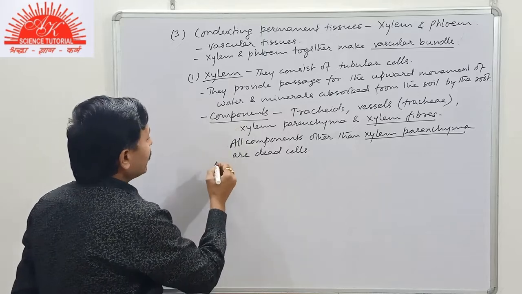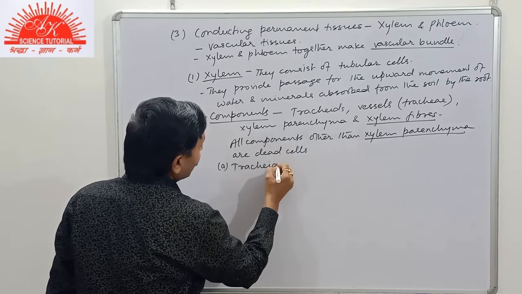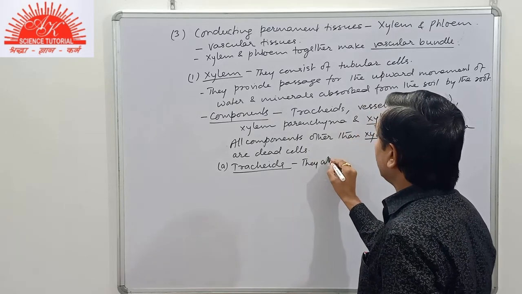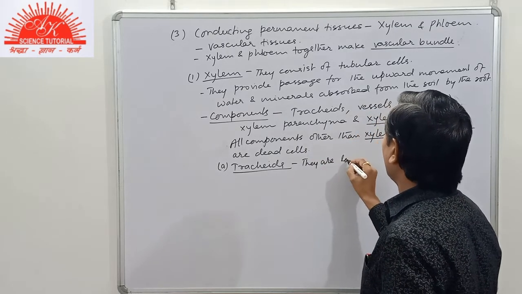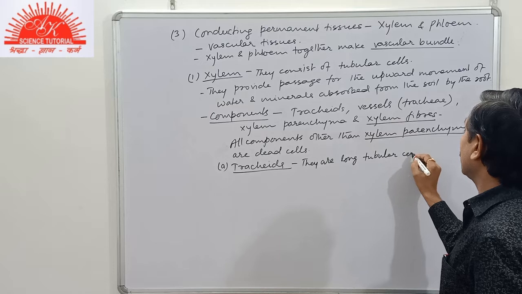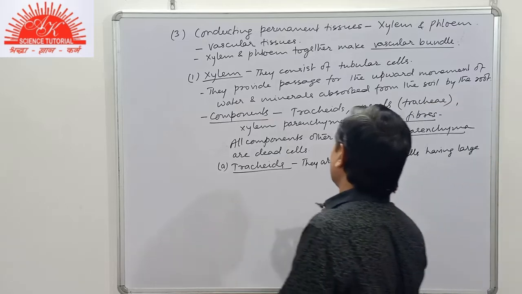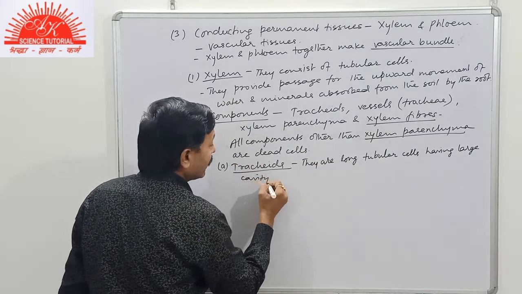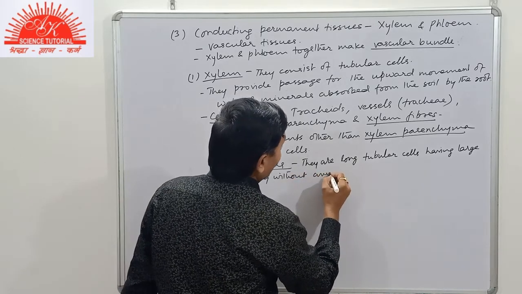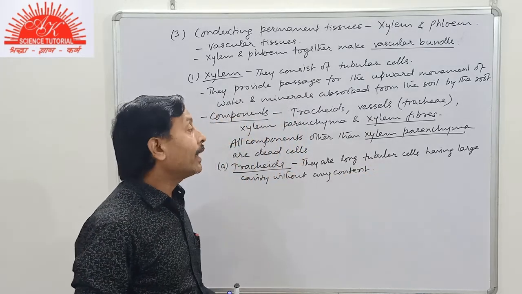The first one is tracheids. They are long tubular cells having a large cavity without any content, meaning they are almost empty cells, dead cells.